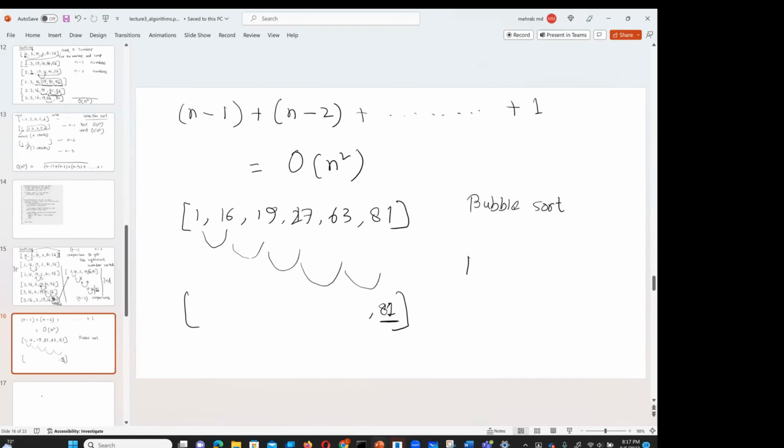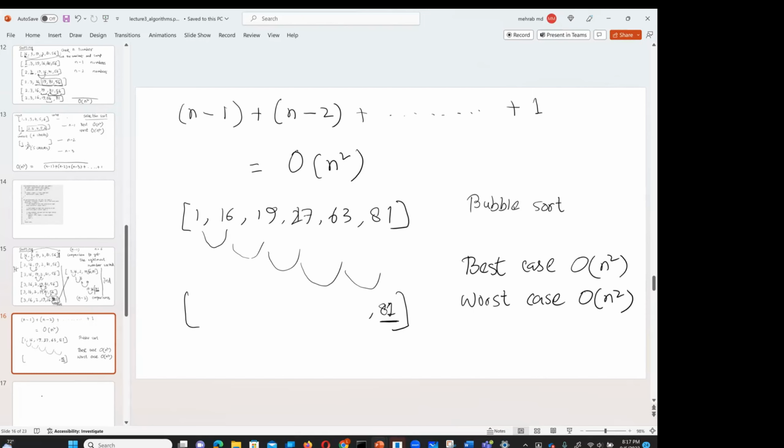So that means even if you are given the best kind of input, your algorithm is order of n square, right? And in the worst case, when your array is not sorted, even in that case, it's order of n square, right? Okay. So far, does it make sense to everyone?